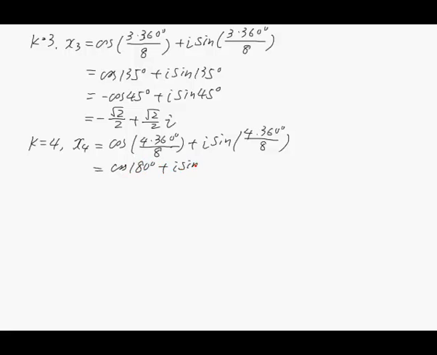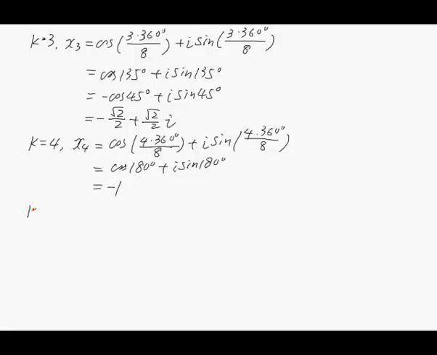Cosine of 180 degrees is equal to -1, and sine of 180 degrees is equal to 0. So we got -1, and then we get another real root of the eighth root of this 1.